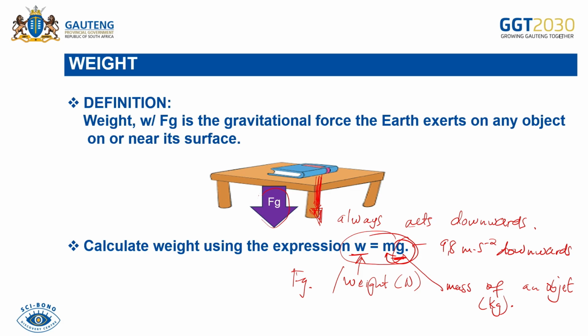So weight is the gravitational force the earth exerts on any object on or near its surface. So I'm sitting on the chair. While I'm sitting, there's a force exerted by the chair on me, which is the normal force.